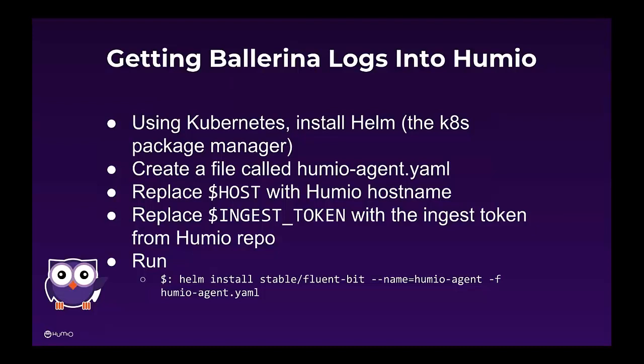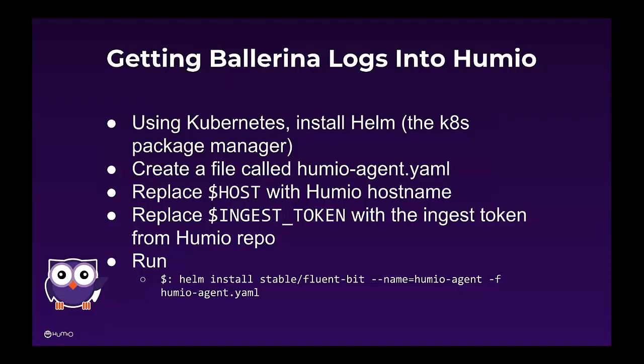Our next goal, once we have Helm installed, is to create within our project a file named humio-agent.yaml. We have all the directions for this in our documentation, so feel free to check that out. Once we've done that, we'll replace the host section of that file with the host name of our Humio installation. If you're hosting it at Humio, it's maybe cloud.humio.com with some specifics, or if you need your own servers or your own setup.